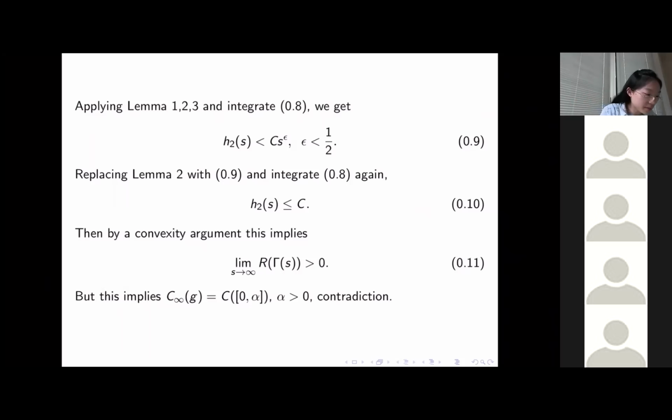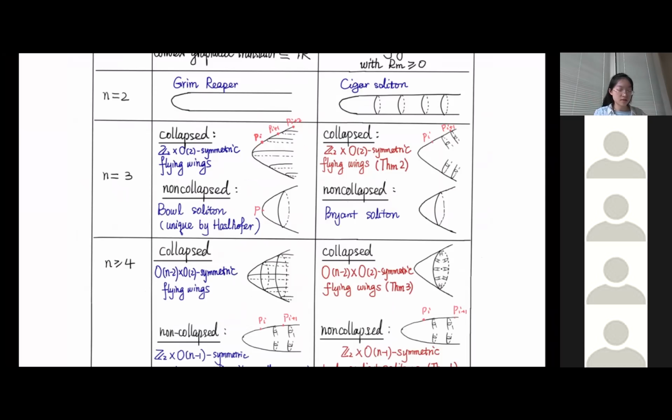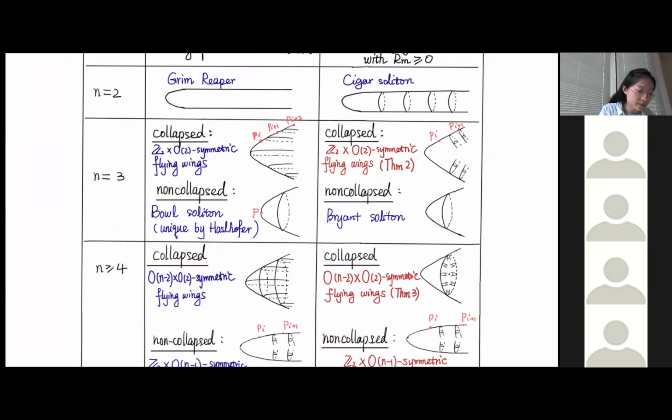Maybe I can show you how they look in this picture I drew. Here, the ancient pancake looks like a level set in this flying wing. So this is a 3-dimensional ancient pancake in a 4-dimensional flying wing.